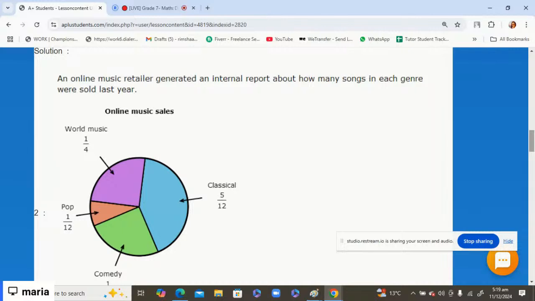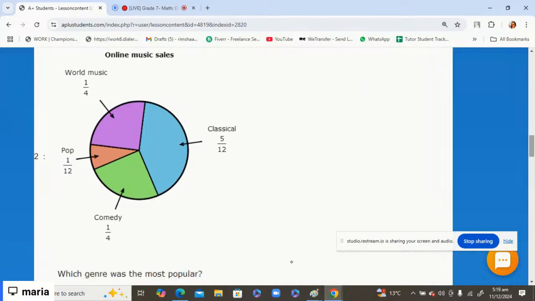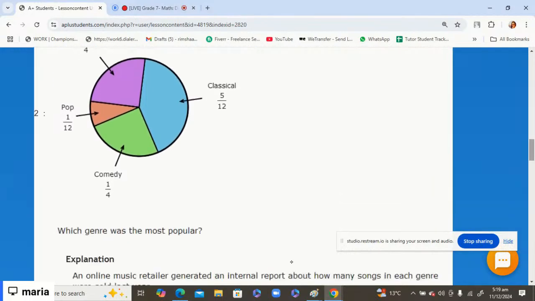So the online music sales are given: world music, pop, comedy, and classical. World music is 1 by 4, pop music is 1 by 12, classical music is 5 by 12, and comedy is 1 by 4.